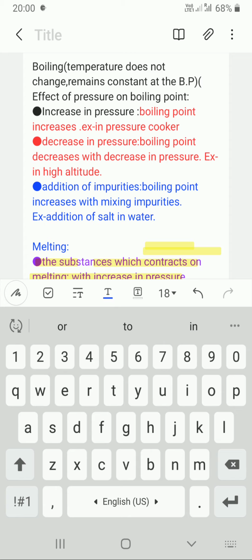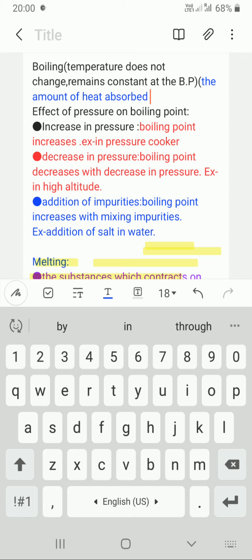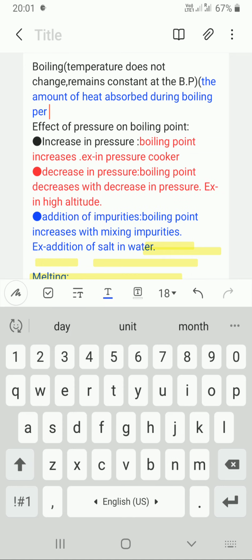Specific latent heat of vaporization is defined as the amount of heat absorbed during boiling, per unit mass, without any rise in temperature.